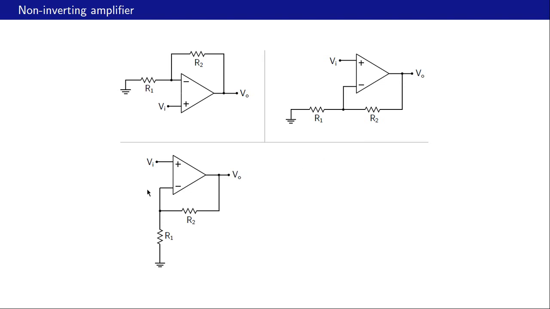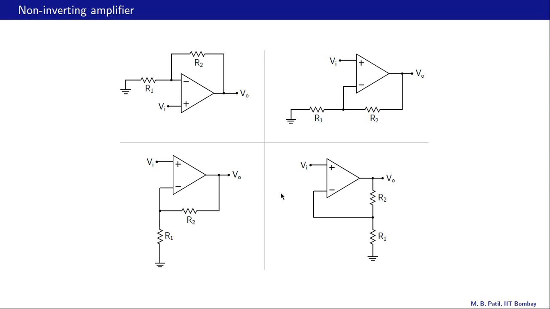Here is another way of drawing the circuit. Again, Vi connected to the non-inverting input, and from the inverting input, we have R1 going to ground, R2 going to the output node. Yet another way, Vi going to the non-inverting input again, and from the inverting input we have R1 going to ground and R2 connected between the inverting input of the op-amp and the output node of the op-amp.